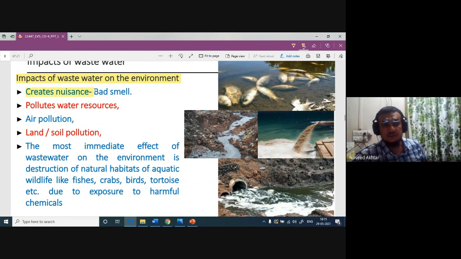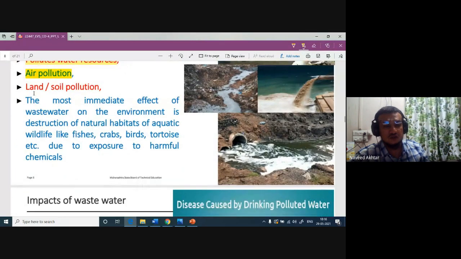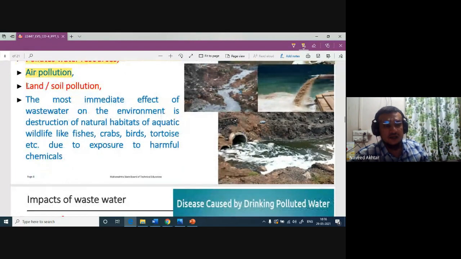It creates a bad smell or nuisance when we directly put the water in without treatment. It produces polluted water resources. It also pollutes the air. Therefore, air pollution is increasing, and land and soil pollution are also increasing as we release water without treating it.